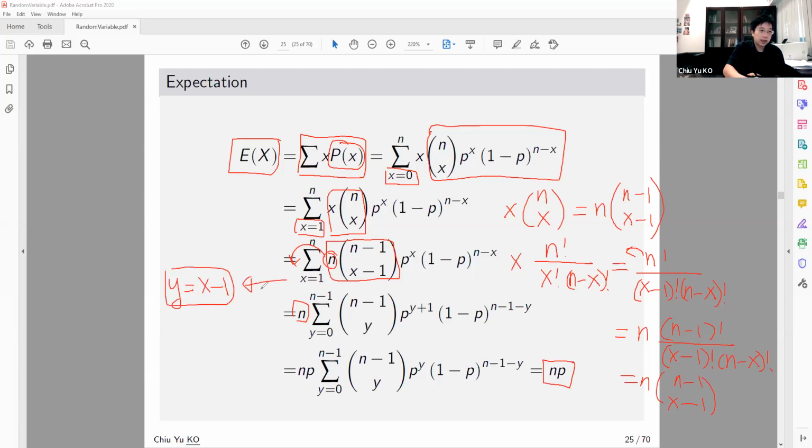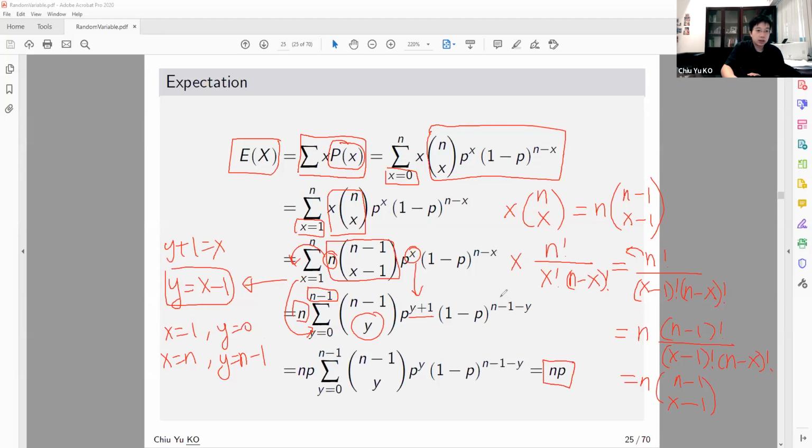When x equals 1, y equals 0. When x equals n, y equals n minus 1. That's why you have this summation limit at the top. Since y equals x minus 1, x minus 1 becomes y, and x becomes y plus 1.